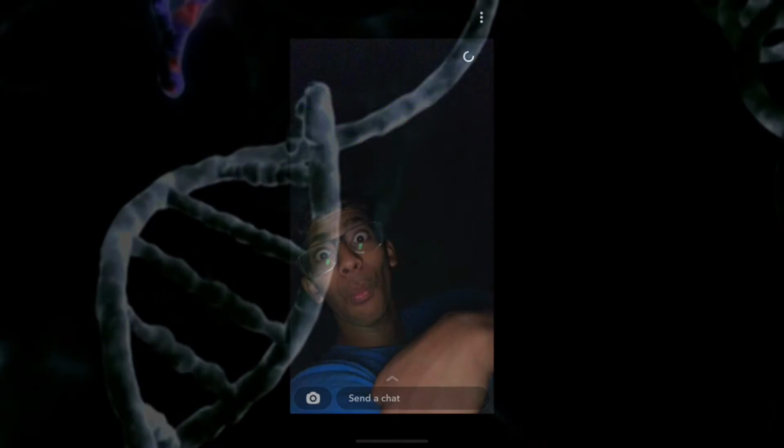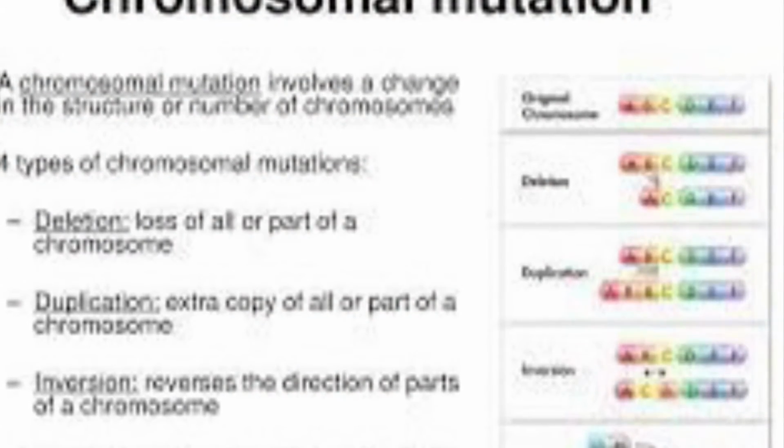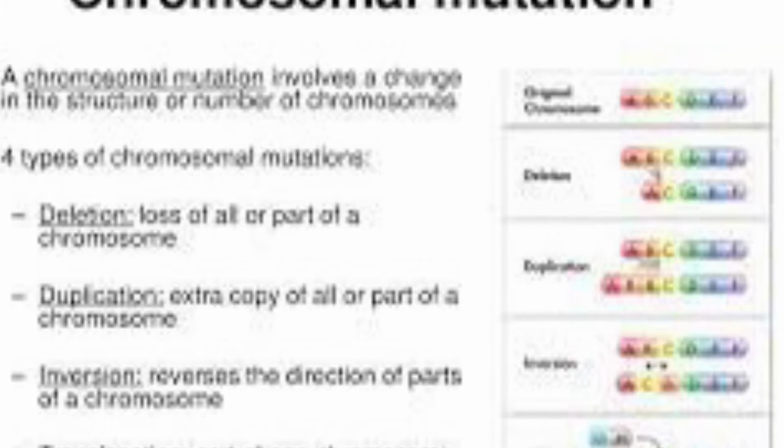Chromosomal mutation. So now we're on chromosomal mutation. A chromosome mutation is an unpredictable change that occurs in the chromosome. These changes are most often brought on by problems that occur during meiosis, the division process of gametes, or by mutagenic chemicals, radiation, and so on. There are four types of chromosomal mutation.